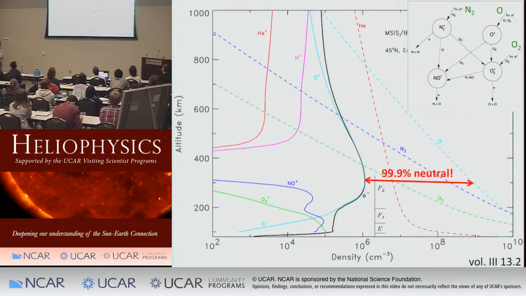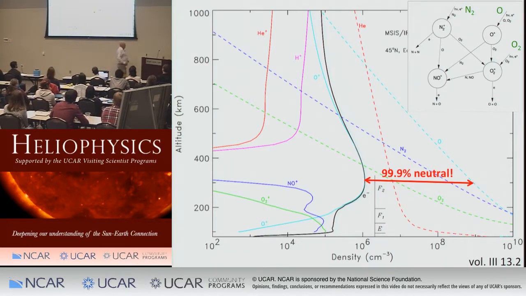But that's the parts you see with radio waves, but that's only 0.1% of the stuff out there. It's mostly neutral. And as you go up, the neutral fraction falls off. The electron fraction stays relatively constant. As you go further down, it's really bad. It's like 1 in a million.